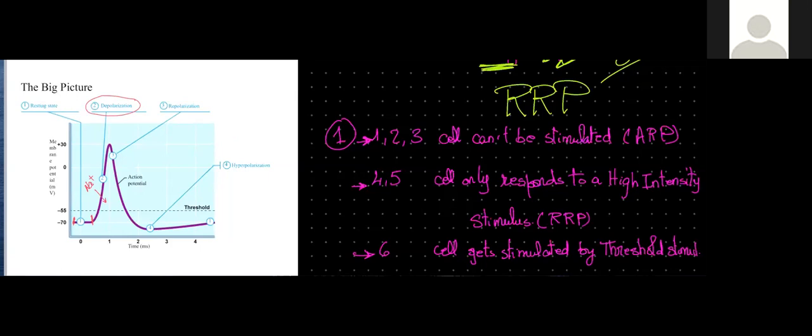When I reach 30 millivolts, this will allow the sodium channels to close, if you remember, and will allow the potassium channels to open, allowing potassium out. And if I'm losing potassium outside of the cell, potassium efflux, this means the inside of the cell membrane will become more negatively charged. So you're going to be returning back to your resting membrane potential.